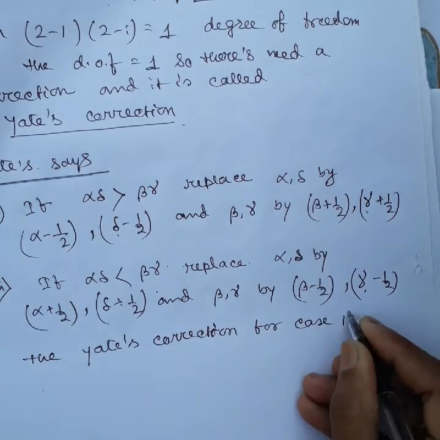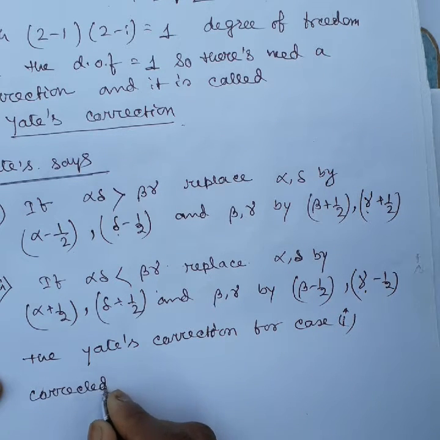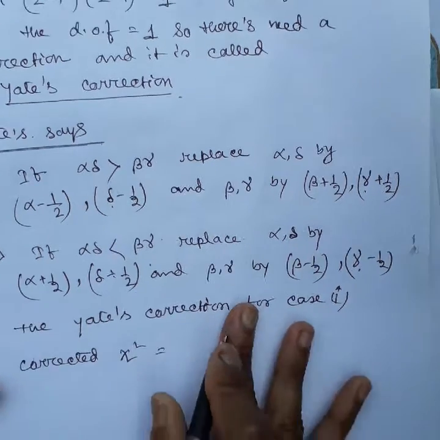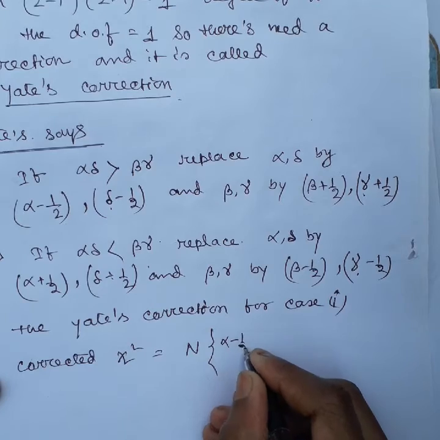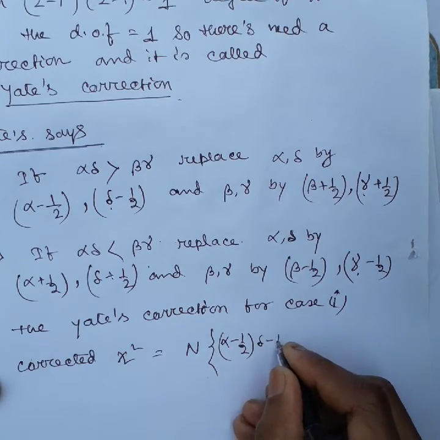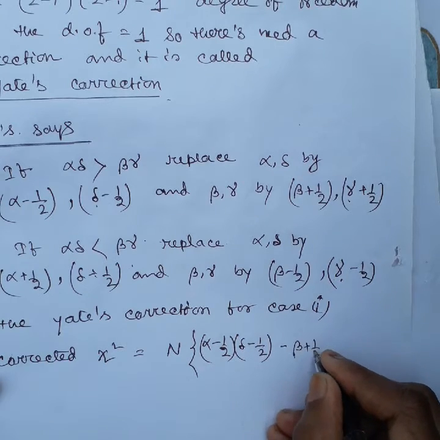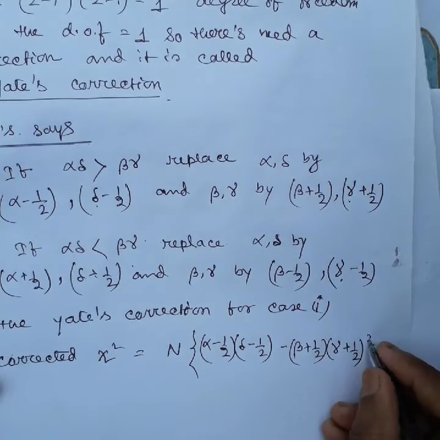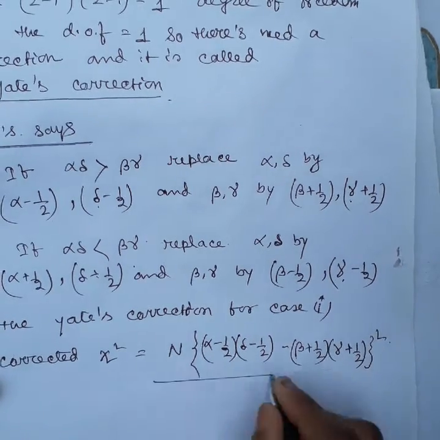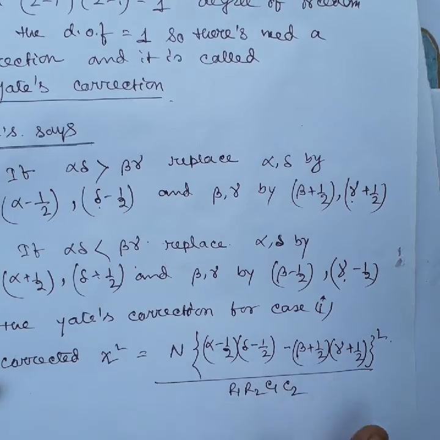for case 1, corrected chi-square is equal to n into (alpha minus half)(delta minus half) minus (beta plus half)(gamma plus half), this whole square by R1 R2 C1 C2.